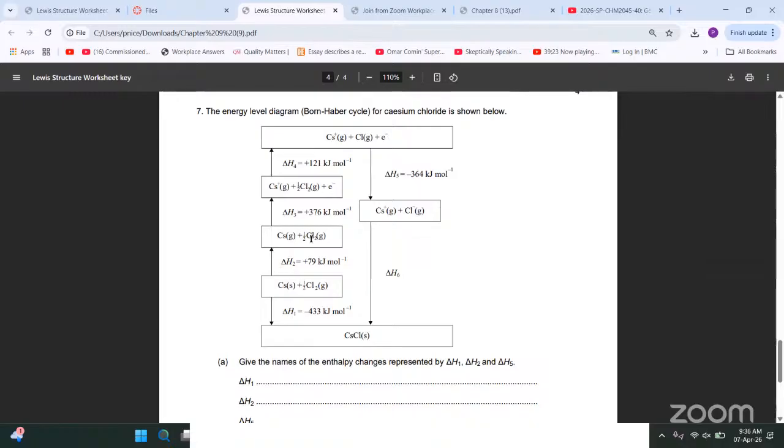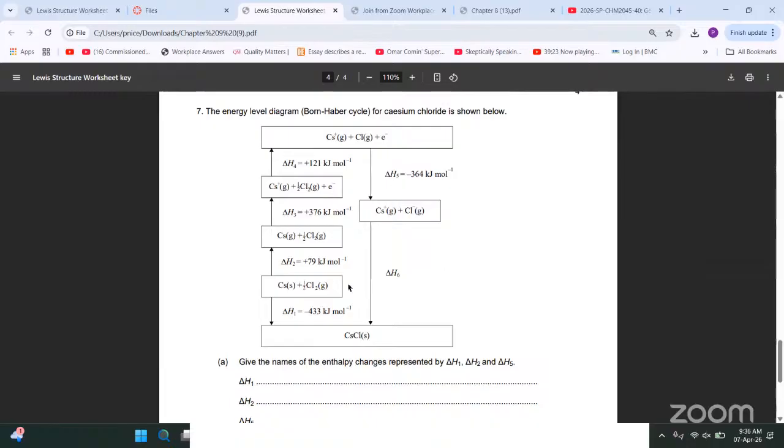Then the cesium gas forming the cesium ion would be the first ionization energy, and going from chlorine molecule to chlorine gas would be the bond dissociation energy. Then the chlorine getting the electron to form the chloride ion would be electron affinity.